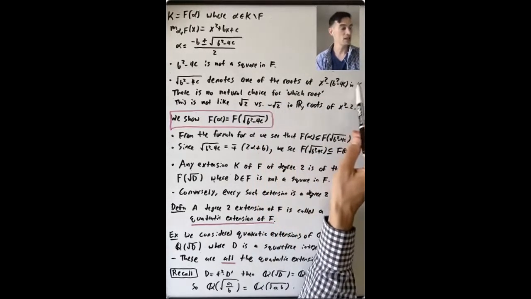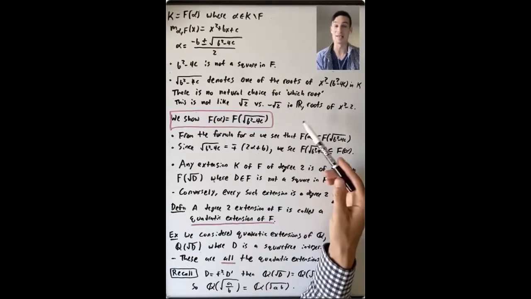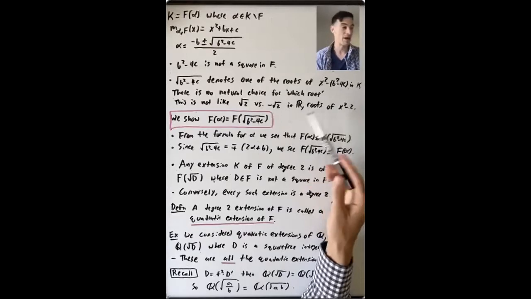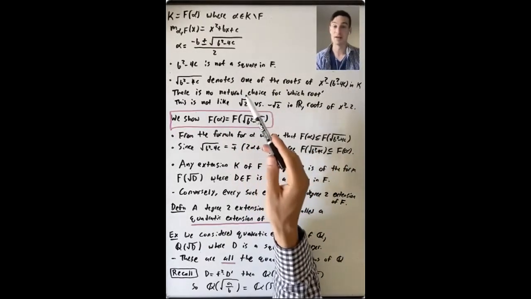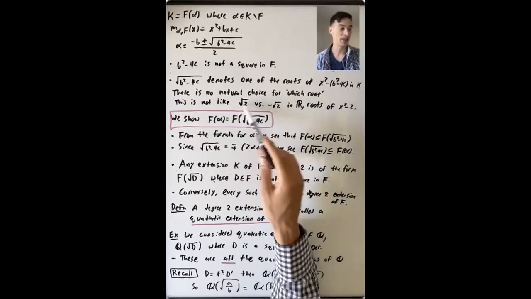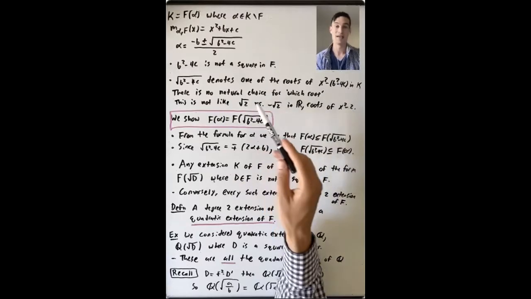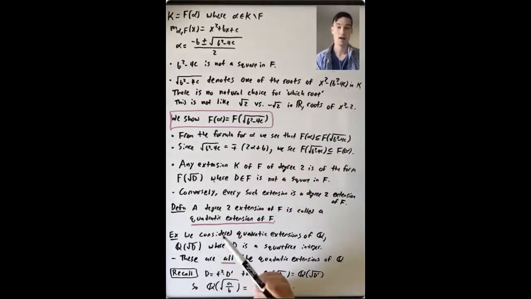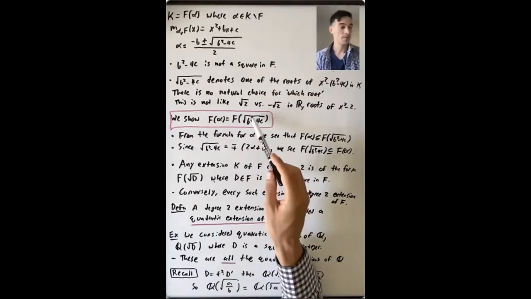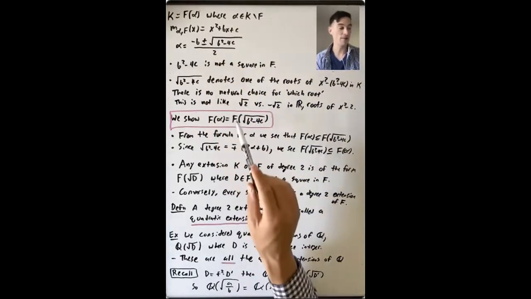But in this field K, we might not have a notion of what it means for one of these to be the positive one or the special one of these two roots. So this is worth thinking about a little bit, especially in contrast to how we use this symbol square root in the real numbers to denote the positive root. All right, so what do we know? We know that K equals the field generated by alpha over F.